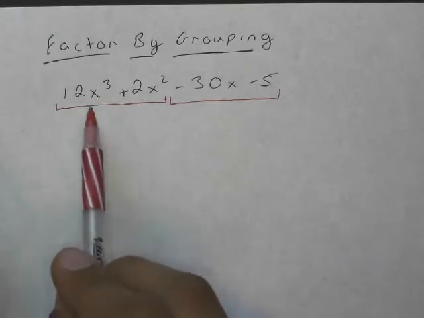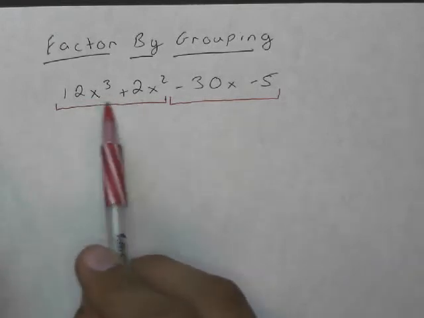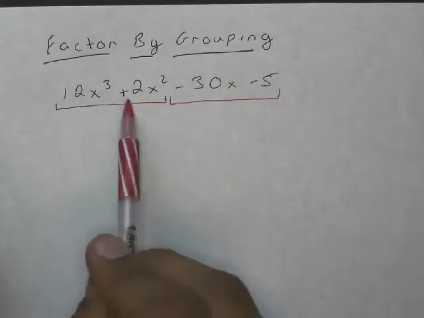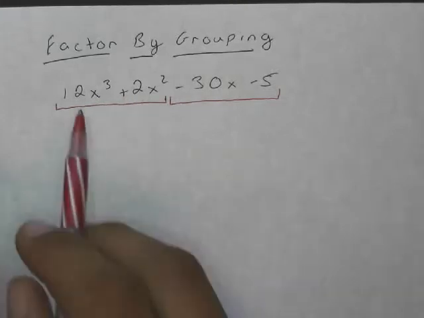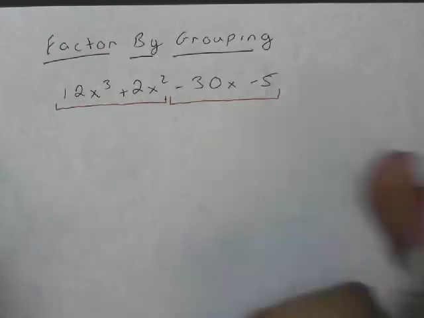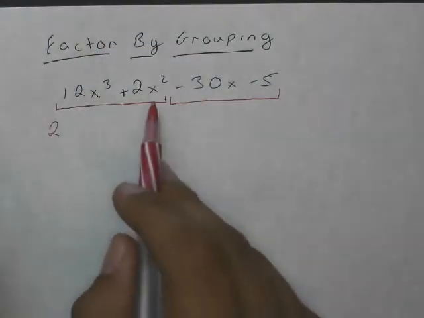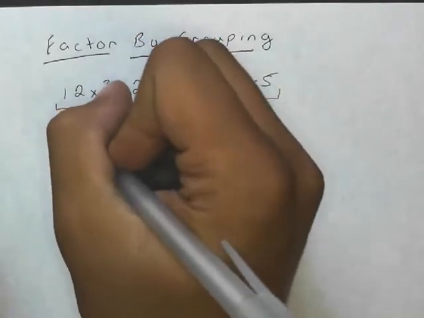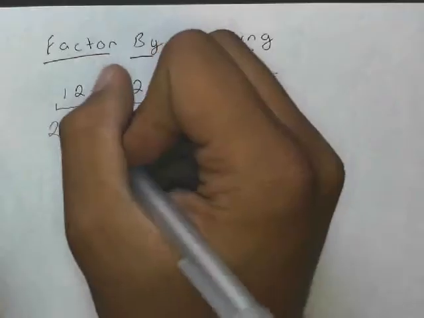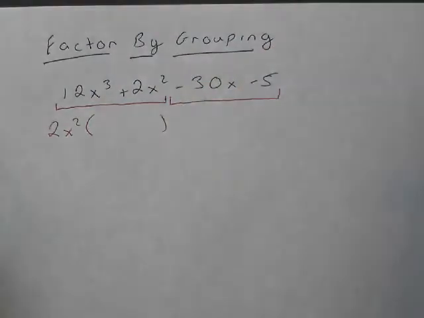Now, what you'll notice is in this first group there is now a common factor amongst both of those terms. With the 12 and the 2, I could take out a 2, and with the x cubed and the x squared, I can take out an x squared. Now, what does that leave me with?